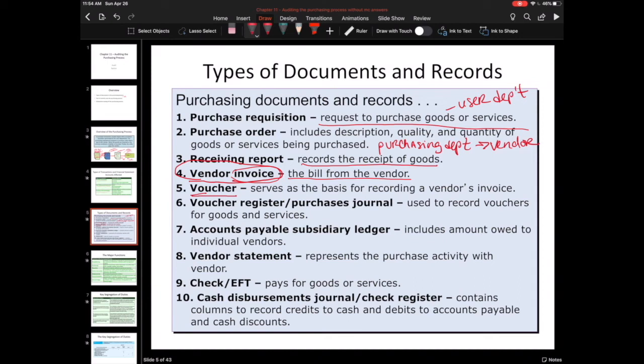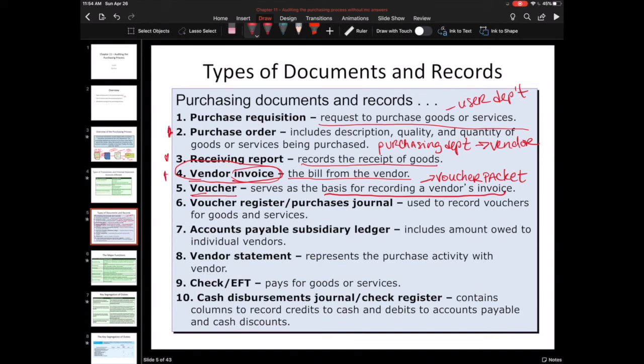And more commonly, this was always called a voucher packet, because essentially what the voucher packet was, it was a collection of documents that said, hey, it's okay for us to pay this vendor. So it would include the vendor invoice, the receiving report, the purchase order, right?